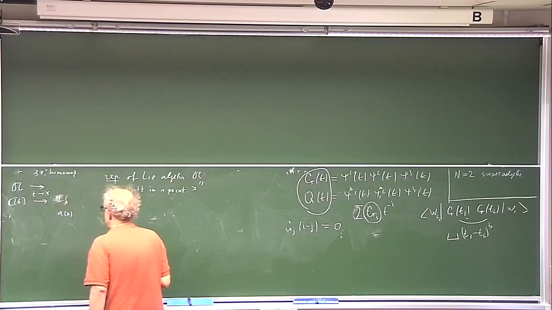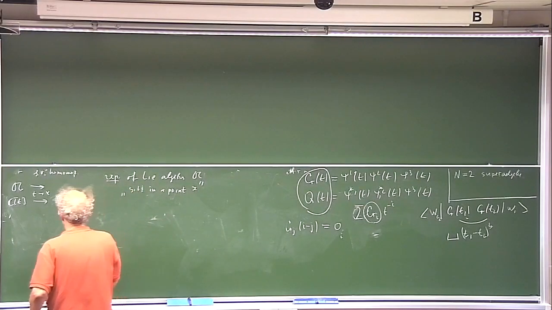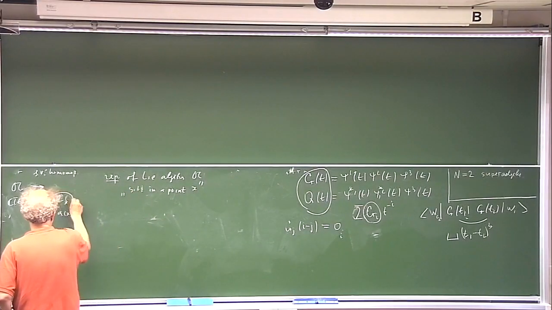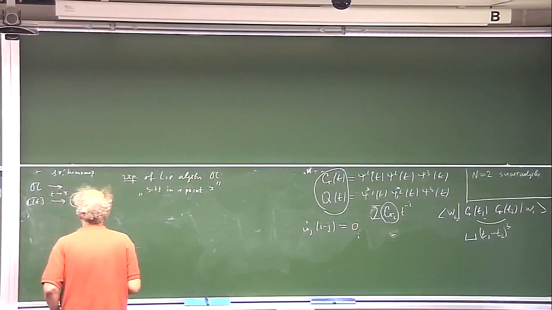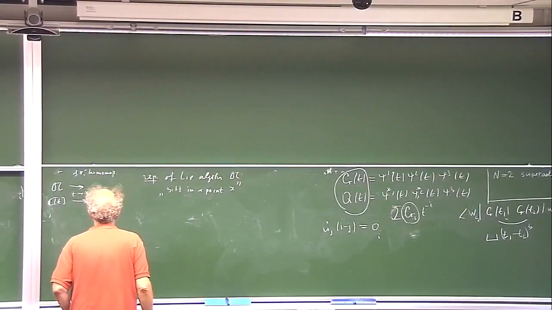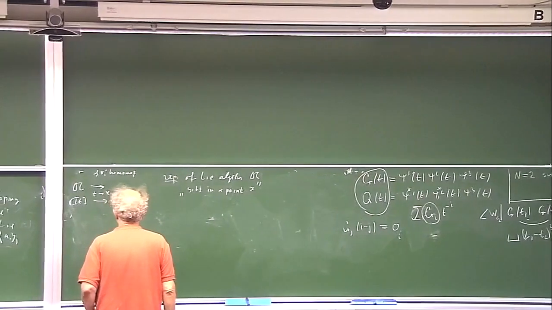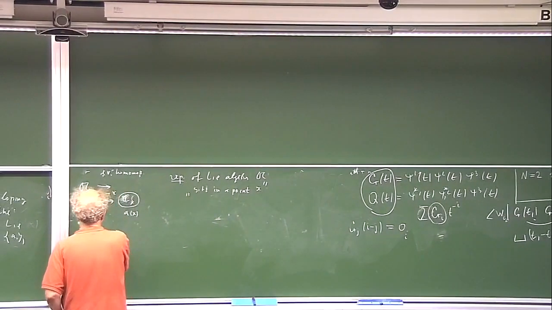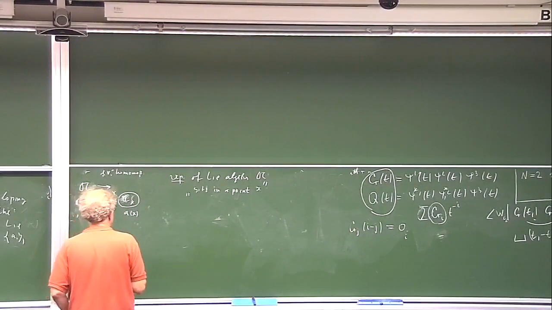What does it mean? It means that I can take a one-dimensional algebra here, consider any representation of this one-dimensional algebra, and this homomorphism gives me a representation of my algebra A.